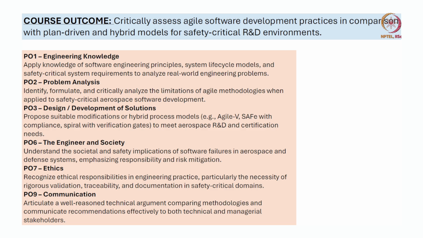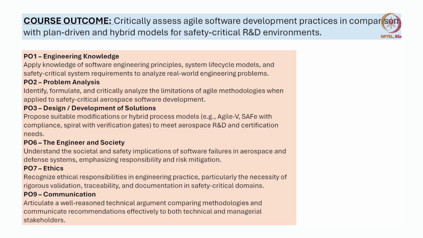So, the course outcome is: students will be able to critically assess agile software development practices in comparison with plan driven and hybrid models for safety critical R&D environments. And such a course outcome is actually aligned to several program outcomes.